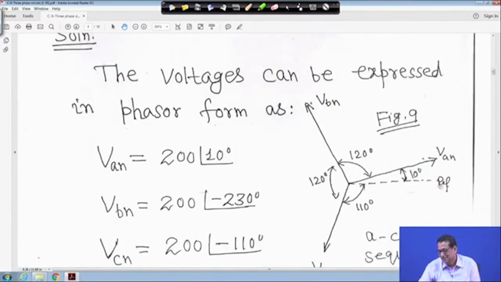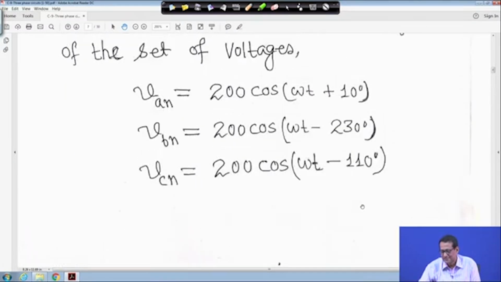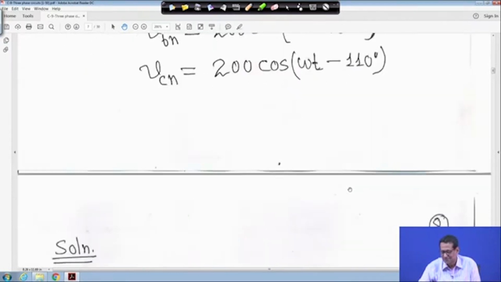Here is your reference line. VAN is drawn at 10 degree, and with respect to the reference, VCN is given at 110 degree and VBN at minus 230 degree.